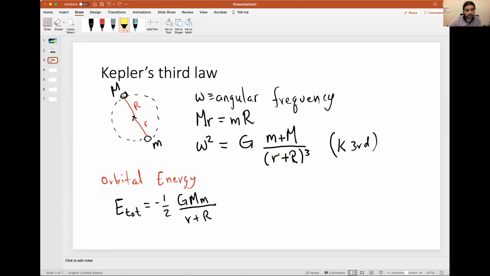So we could take the equation on the top from Kepler's third law and substitute it in here. We could solve for R plus capital R from omega, and put omega in instead of R plus capital R over here. If you do all of those calculations, this is just algebra.